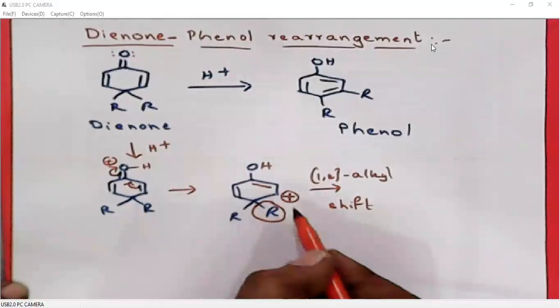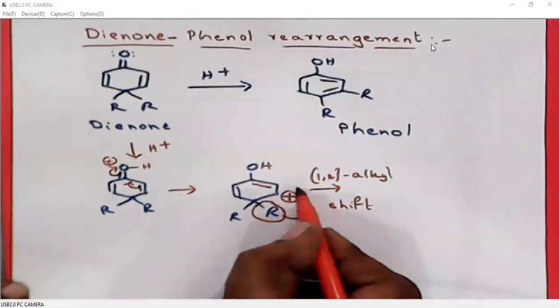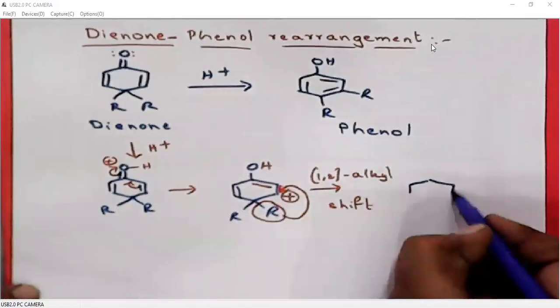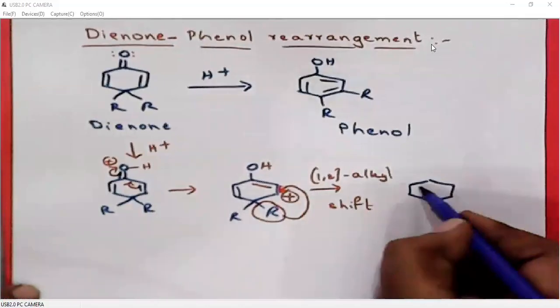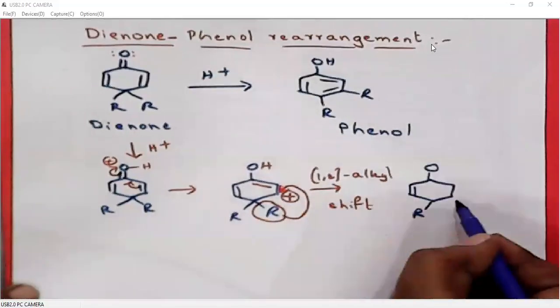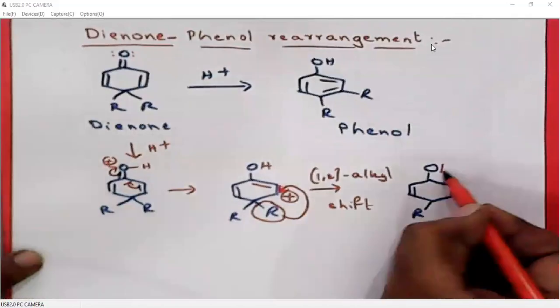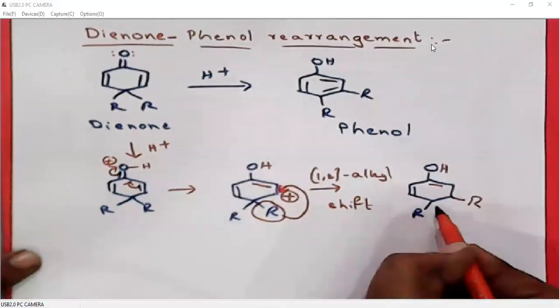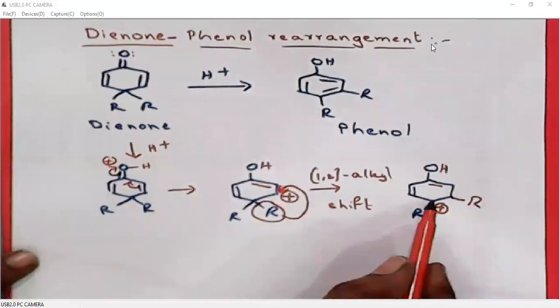When it undergoes a 1,2 alkyl shift, it generates OH, a new double bond. We have an alkyl group here and a carbocation here. See, this carbocation is tertiary and allylic.